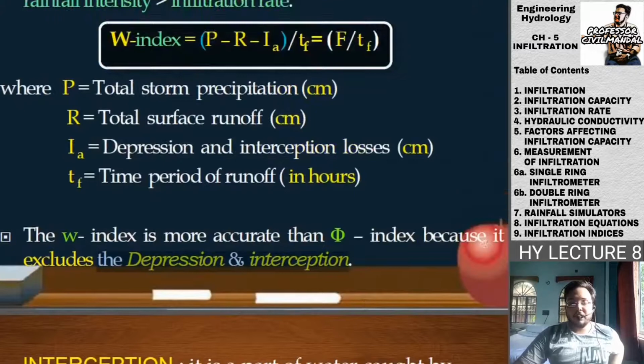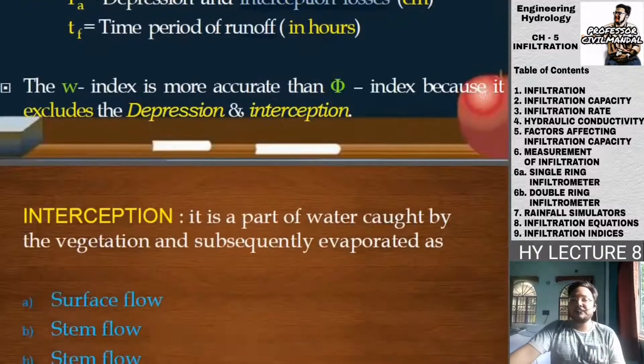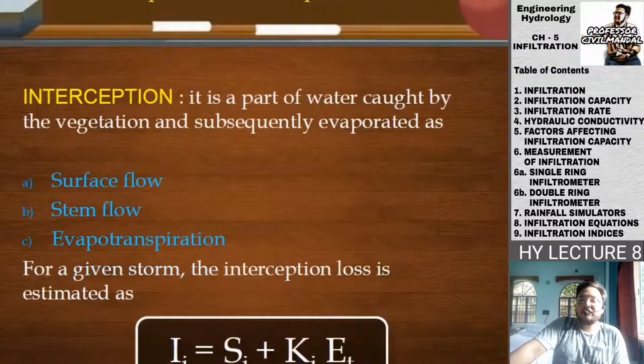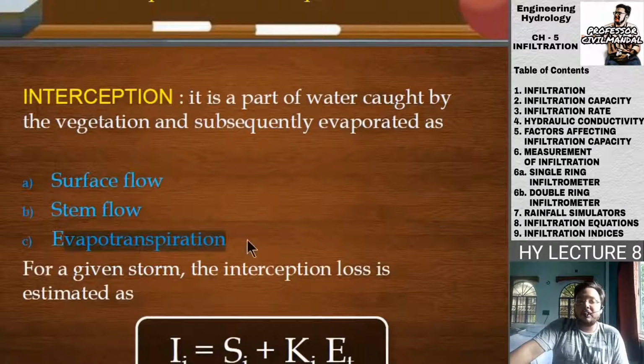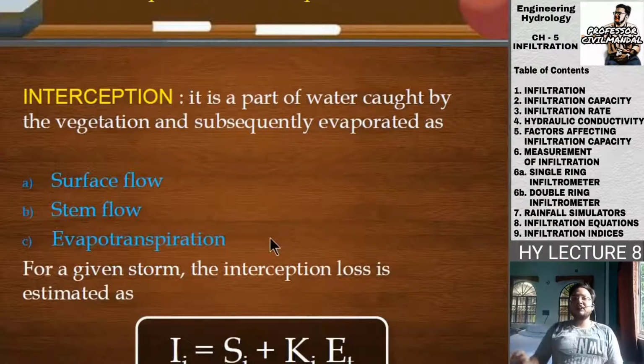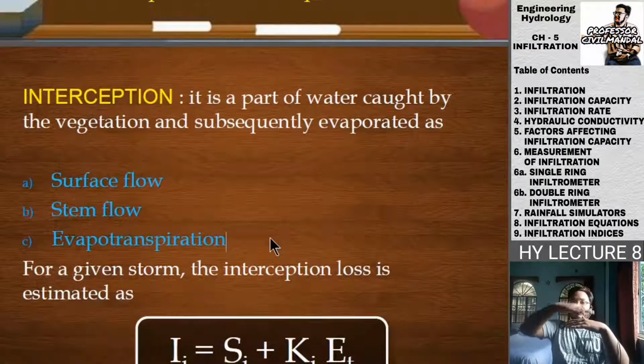So as we learnt about this one thing, that is the interception losses, let's read what interception is. Interception is the part of water caught by the vegetation and subsequently evaporated, either as surface flow or stem flow or evapotranspiration. Suppose this is a ground and some precipitation is occurring over here.